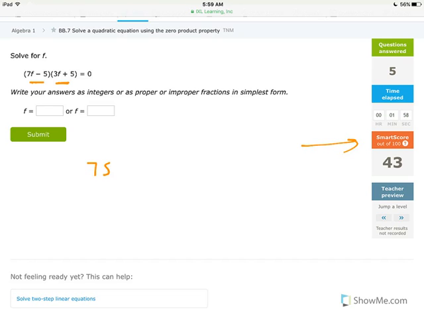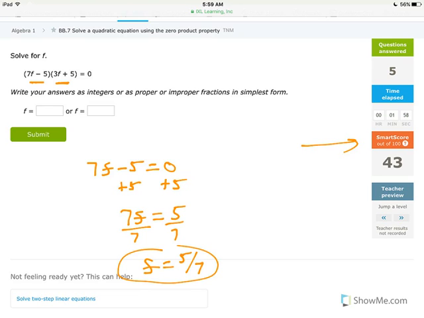So 7f minus 5, how could that be 0? What's your first solving step? Add 5 to both sides. So 7f would have to equal 5. And then keep solving for f. Divide both sides by 7. So f would need to be 5/7. So that's going to be one of the answers.